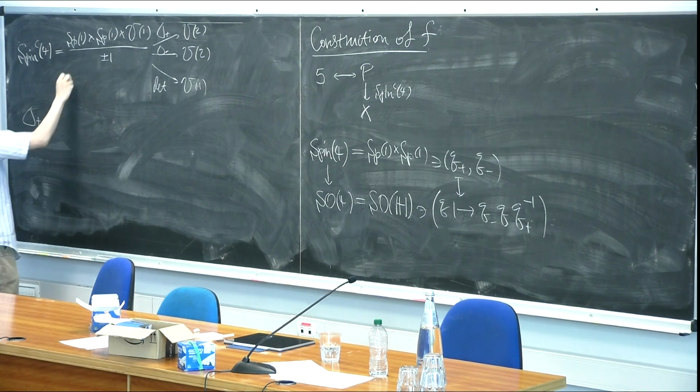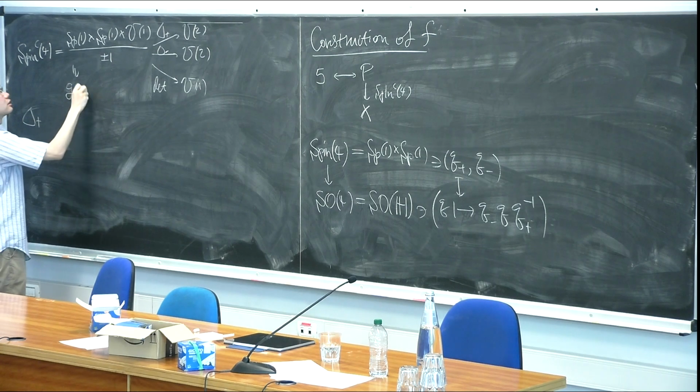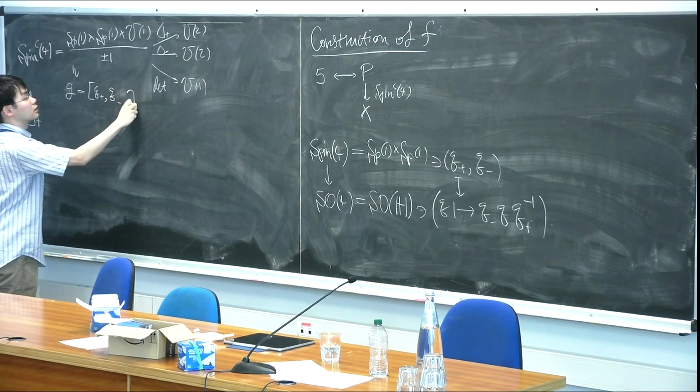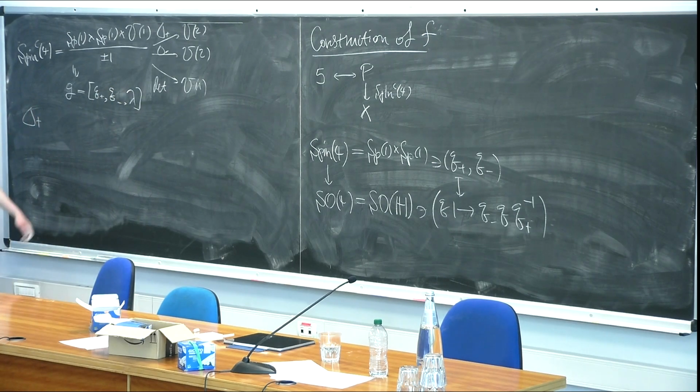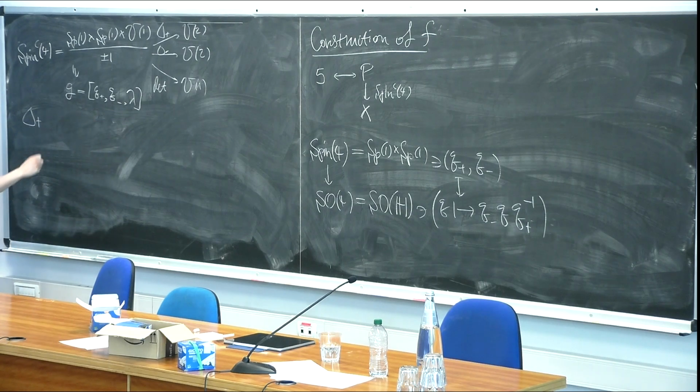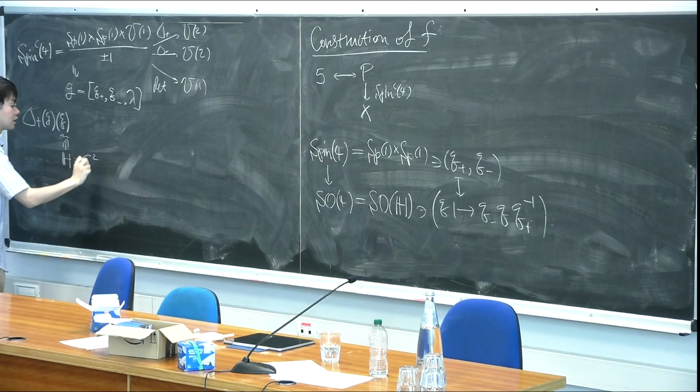If you have an element inside of this, you can write it by the coset consisting of two unit quaternions and one unit complex number. And you are going to act these on Q, which is in the space of quaternions, regarded as C2. Let me write it in this way.